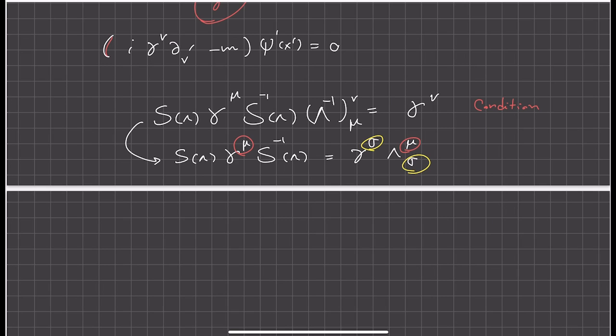So this is a kind of equation. Again, this is a main condition of S matrix. So when the S matrices are acting on the Dirac field of psi, then they would keep the Dirac equation invariant under this particular generalized Lorentz transformation.